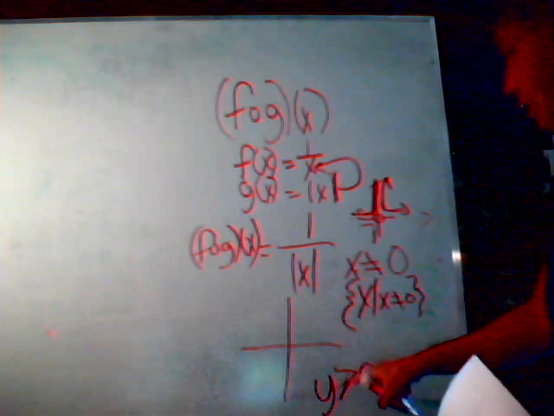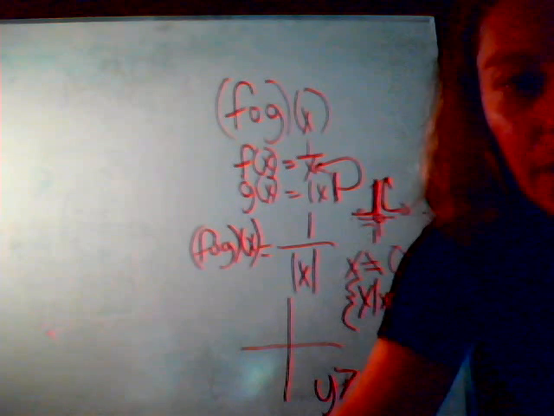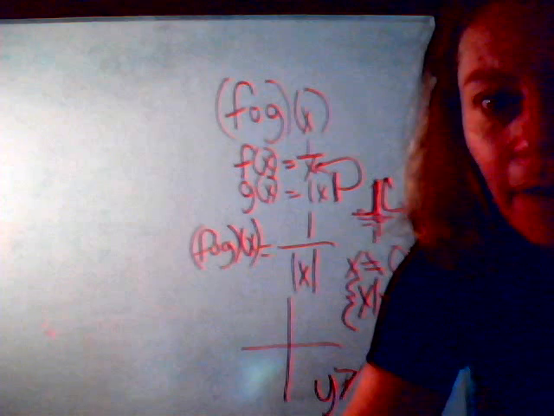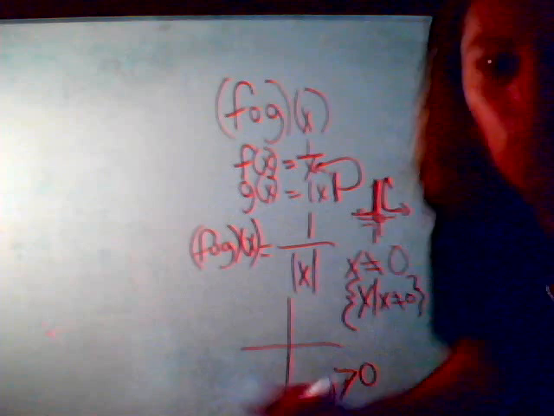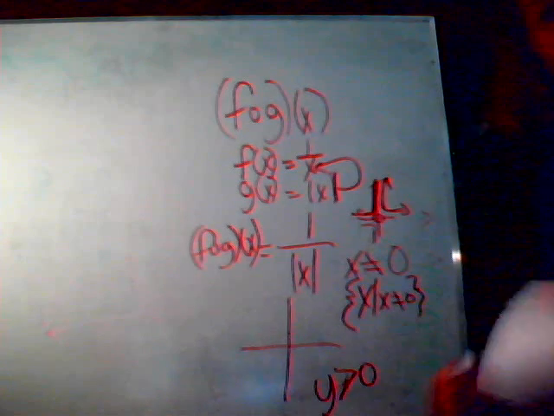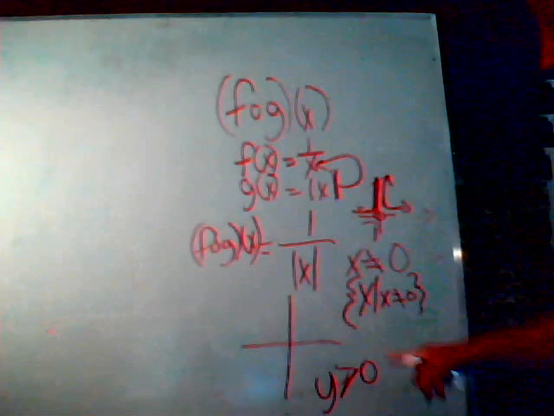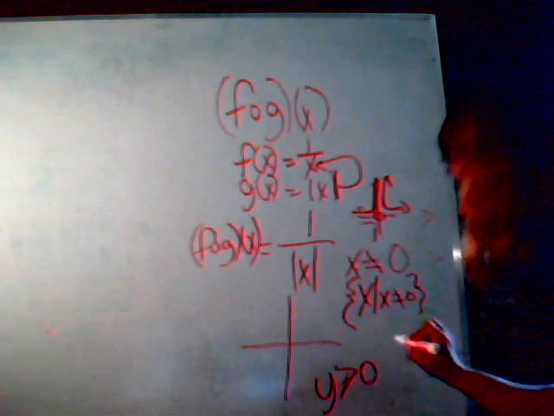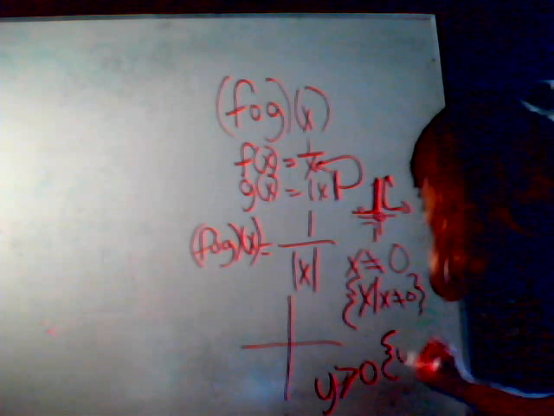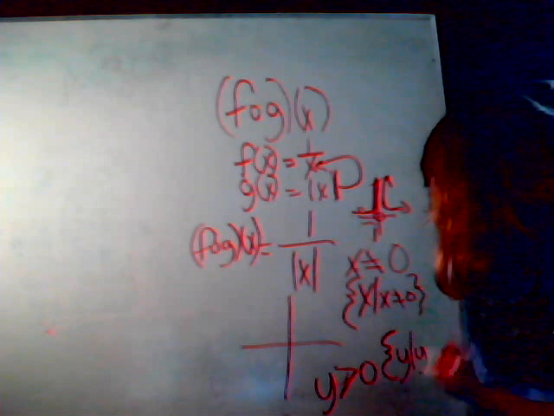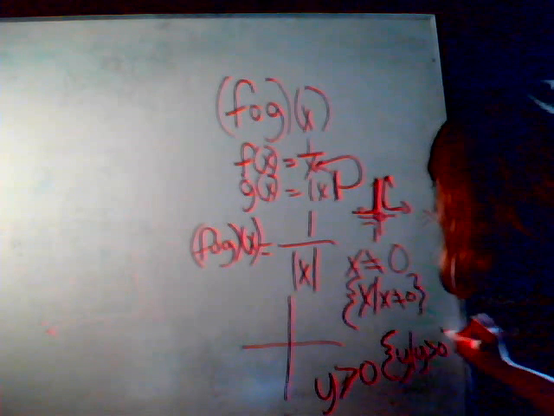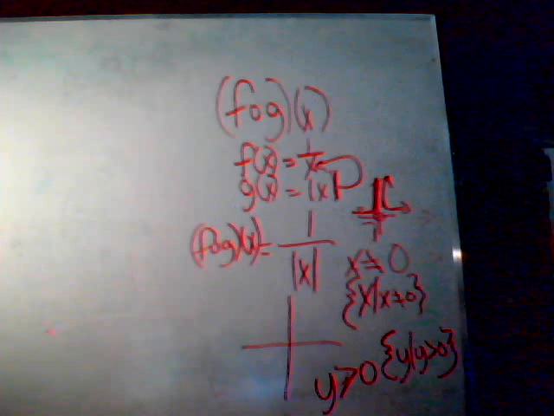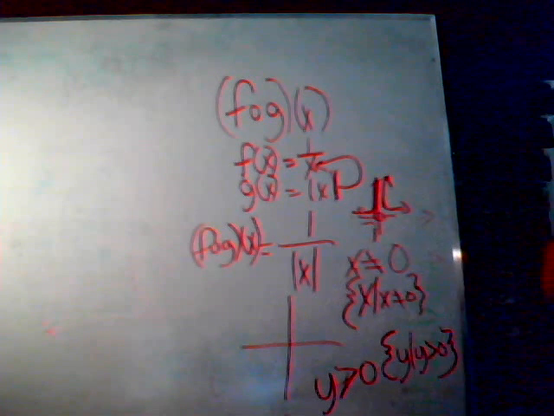So it starts at, excuse me, I am popped up here. It starts with all the y's greater than 0, but not equal to 0. So if you write set notation, y such that y is greater than 0. And there's our final answer, okay?